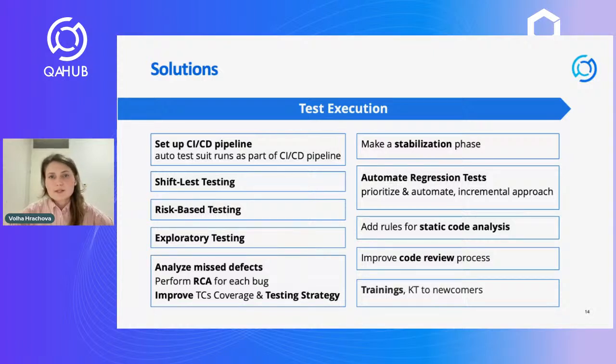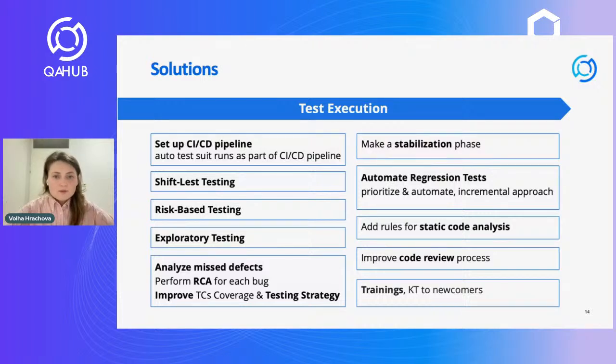How can we address the issue with unstable automation test cases? We can add rules for static code analysis and make them stricter, or improve our test code review process. Maybe add someone from another team, or increase the number of required approvals for the check-in.